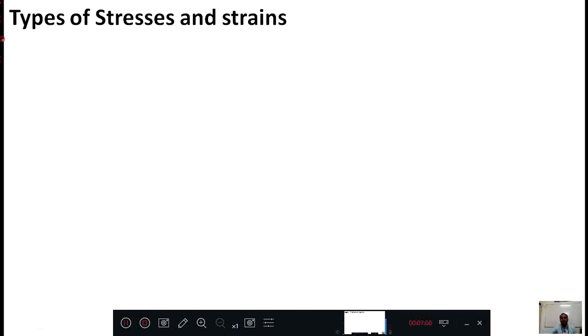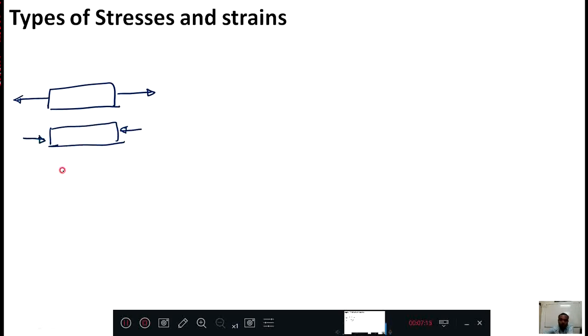For example, I have a bar here, and this bar is pulled like this, or this bar is pushed like this.